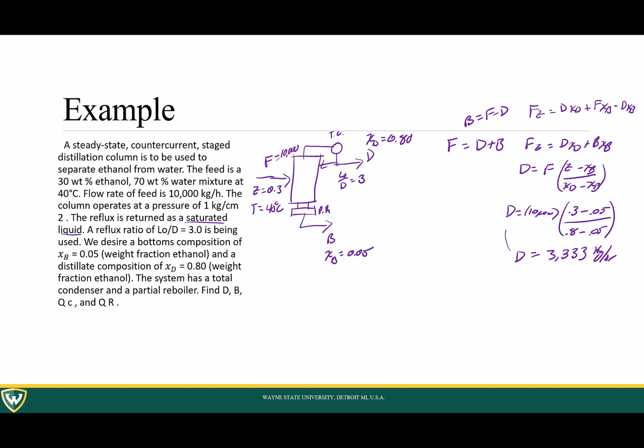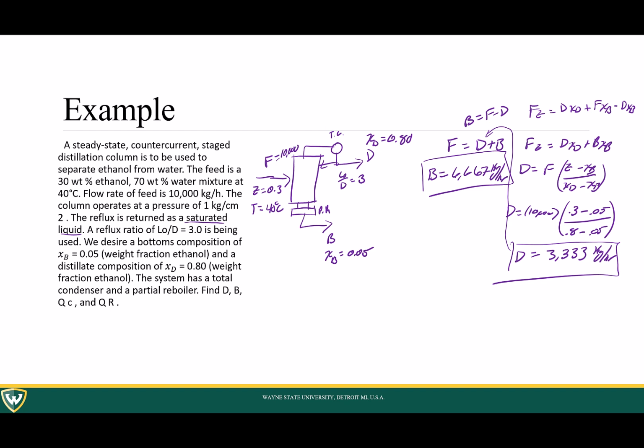And if we just plug that into here, we get that our bottom flow rate is just going to be 10,000 minus that, so it looks like it's going to be 6,667 kg per hour. Cool, not too bad, right?